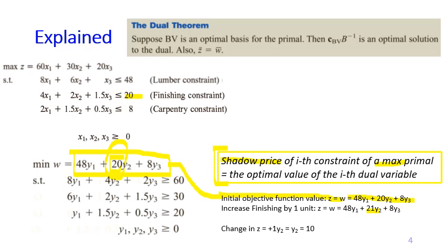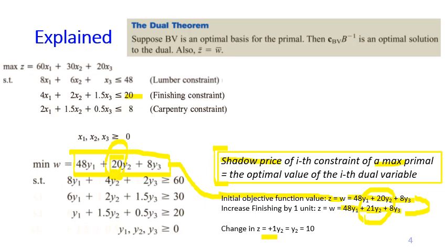In other words, now the z value after we increase the finishing by 1 unit becomes 48y1 plus 21y2 plus 8y3. It means that after we increase the finishing constraint by 1 unit, the z value changes by 1 times y2.